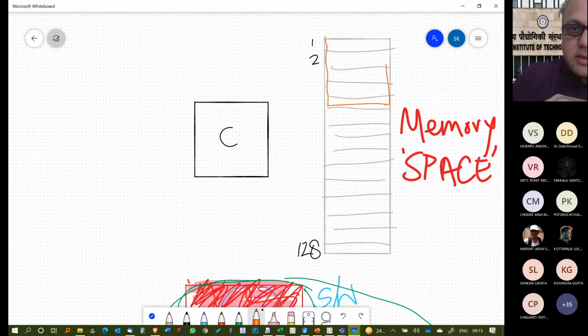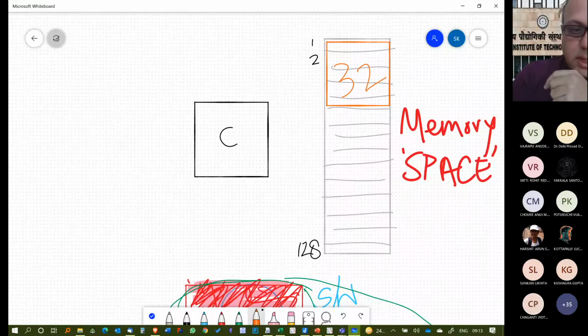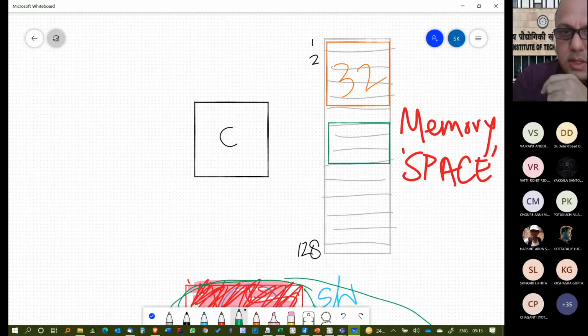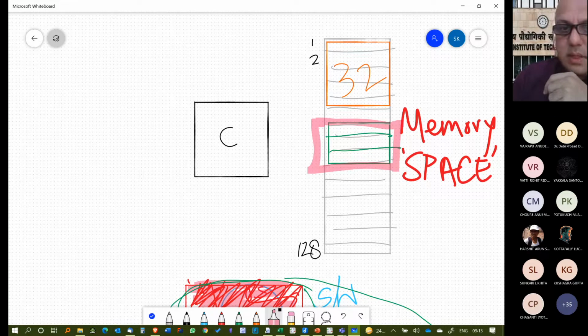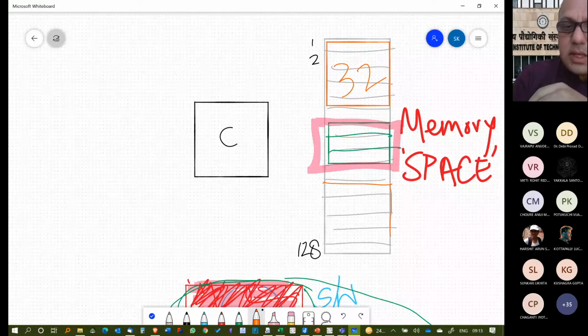Let's say the first 32 bytes are memory, and then I could have 3 registers which actually belong to a peripheral. So imagine these as belonging to a peripheral, and I am making sure that there is no memory where the peripheral is, which means that my next bit of memory has to start from here. And that could be, let's say, 64 bytes.